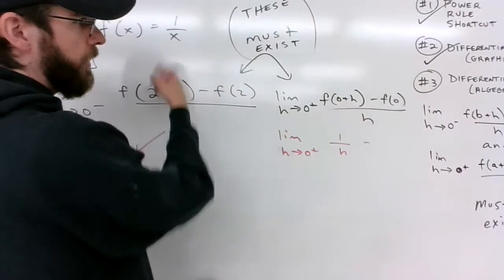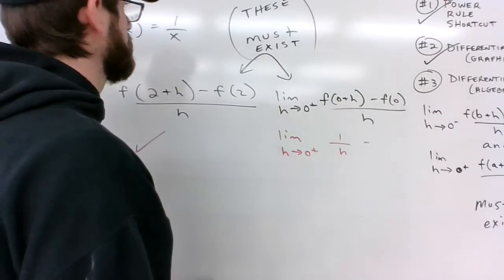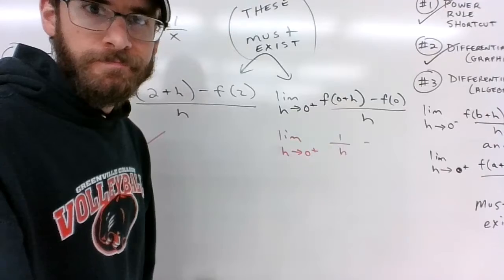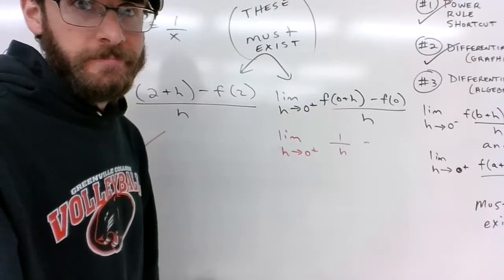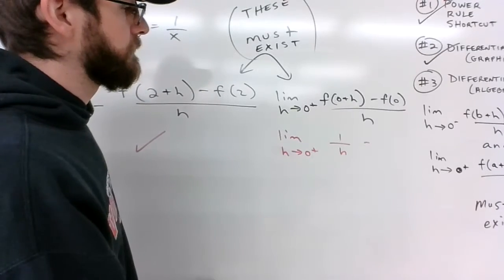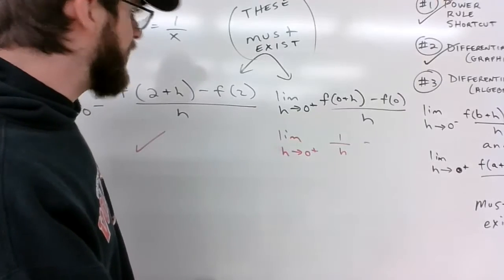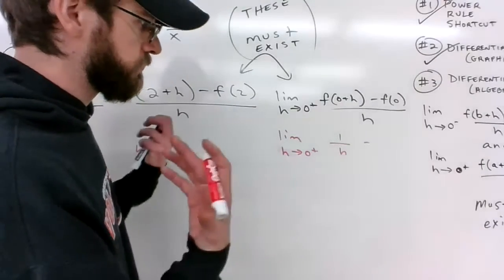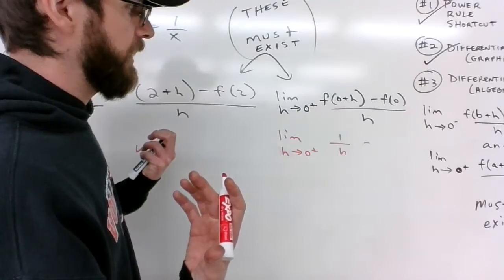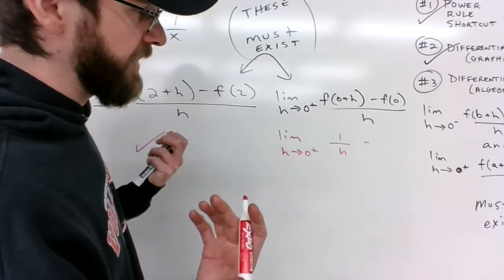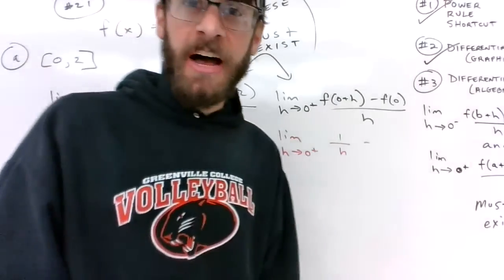Plug in 0. Oh. Can't do it. What is 0 from the left of an asymptote? Or 0 from the right of an asymptote? Looks like it's got an infinite value.